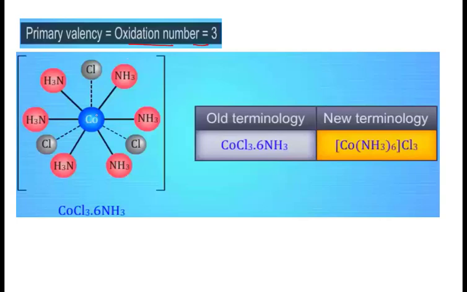Okay. For example, in this complex, the same complex is given, Co, NH3 6 times and then Cl3. Now directly you can see which one is primary valency and which one is secondary valency. So it's obvious that NH3 bonded with the central metal atom will constitute secondary valency. Whereas chloride ions, attached with the central metal atom through dotted line, will constitute primary valency.